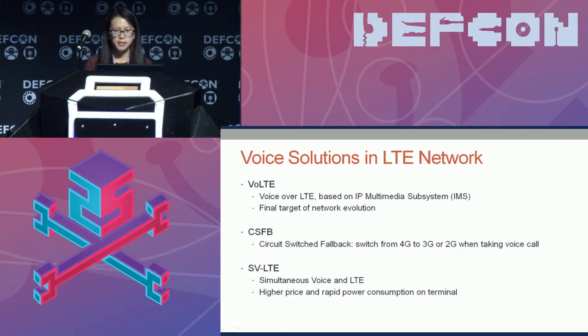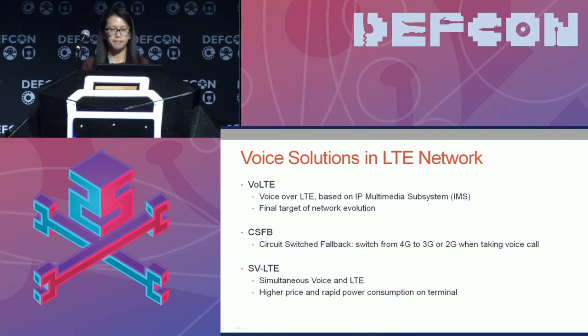The second solution is the case we discuss today, CSFB, circuit switched fallback. It means when a subscriber takes a voice call, the cell phone has to switch from 4G to 2G or 3G.